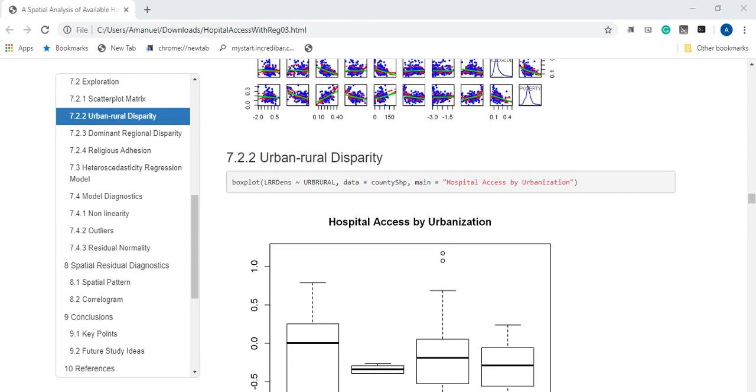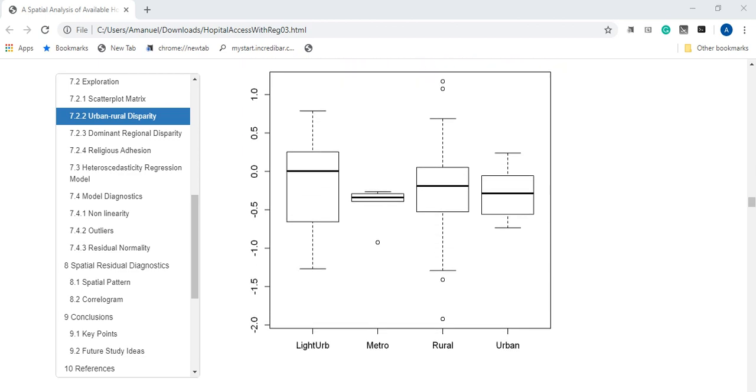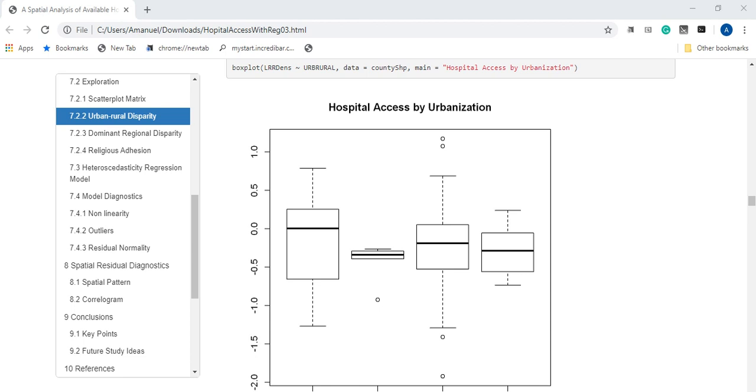Another important factor is urban-rural disparity. As we can see from this box plot, the light urban areas have higher median access, followed by rural and urban areas, and the metropolitan areas have lower access.